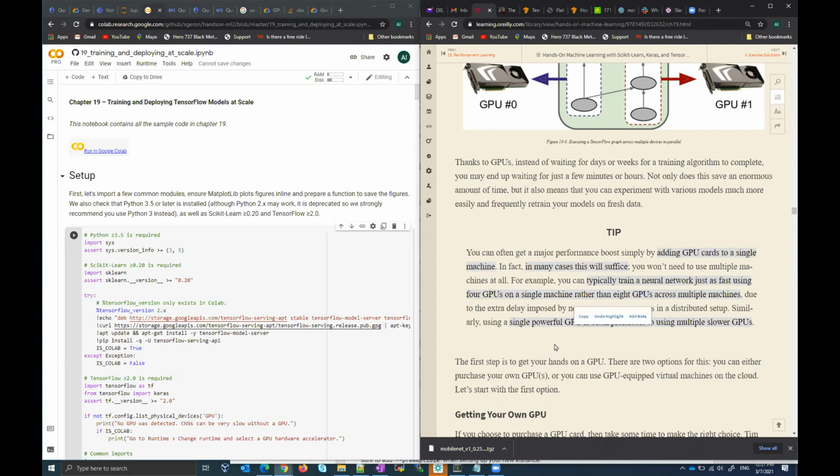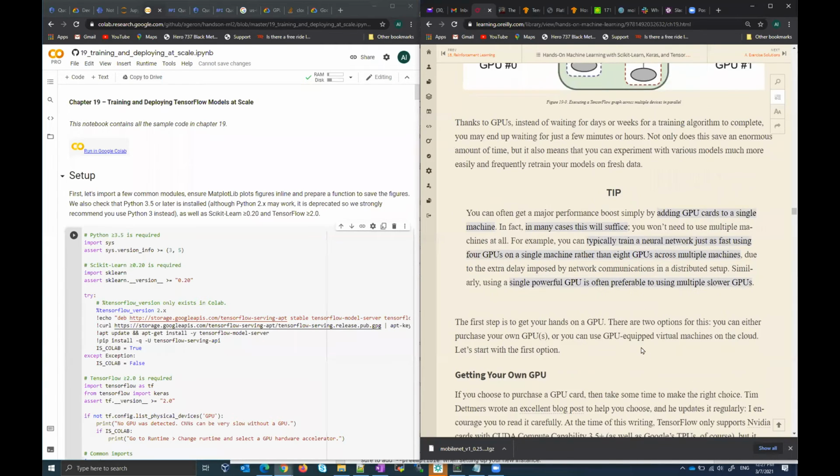And also, it recommends going for a powerful GPU instead of several slower GPUs. Somebody was saying somewhere else that it can sometimes be better, if you're going to test several models that are not resource intensive, to have several slower GPUs to train separately at the same time.